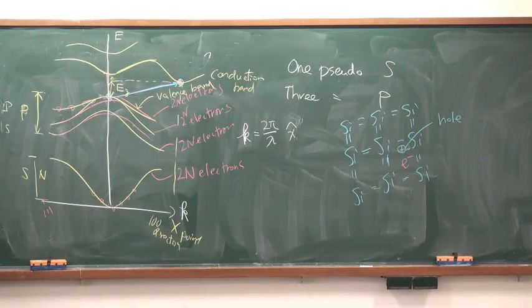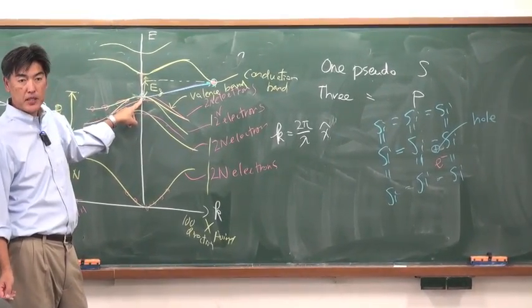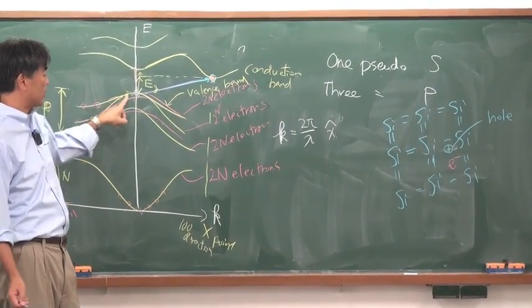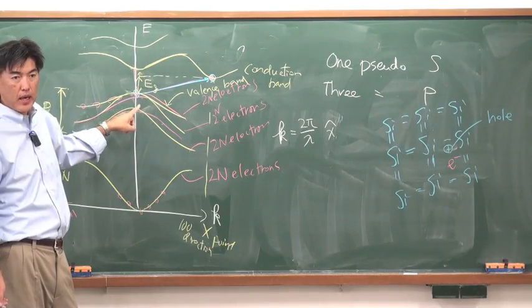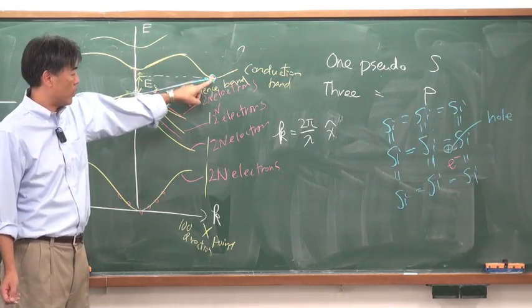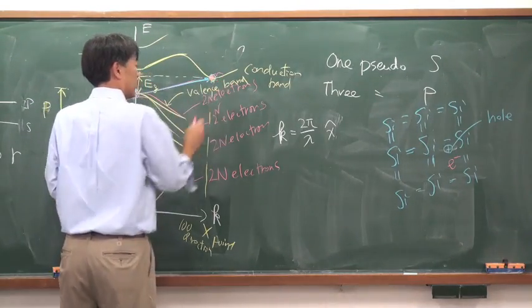So this is a situation where I made an empty hole in a valence band, because otherwise the band is filled completely by electrons. So I actually made one positive hole here, and then I brought one negative electron into the conduction band.